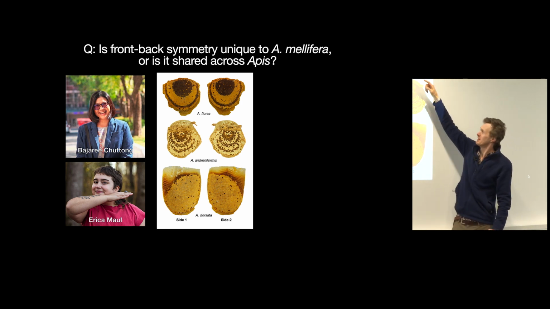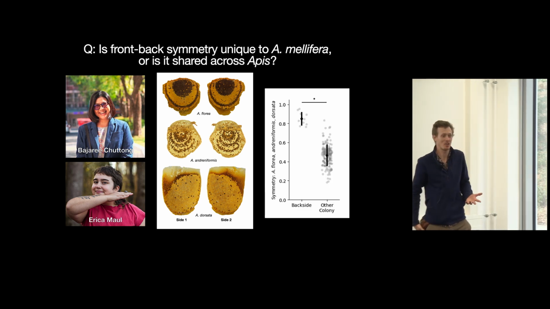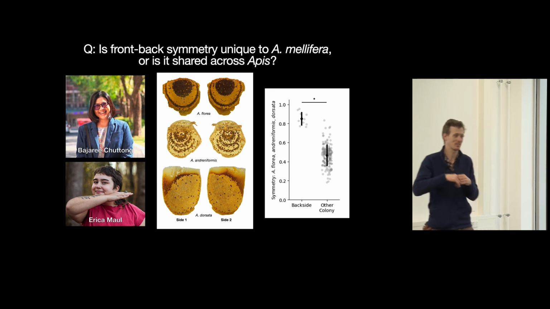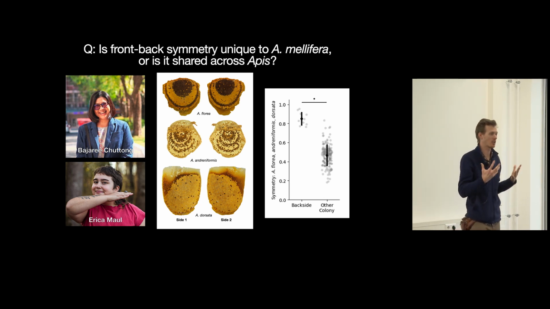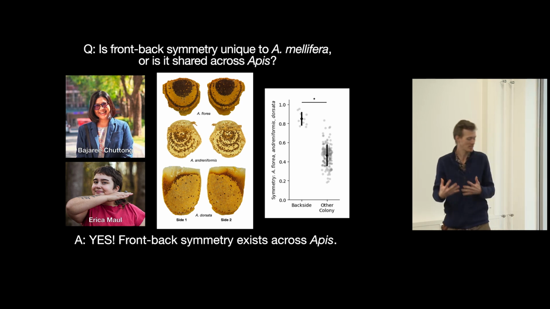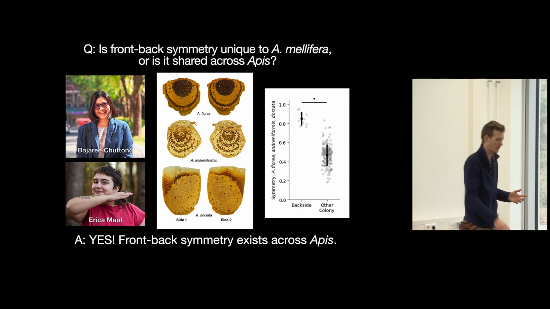You might notice symmetry between the 2 sides. And sure enough, they're very symmetrical. Each nest is symmetrical with itself. They're not symmetrical across. It's really a shared level of symmetry on either side of that comb. So yes, this front-back symmetry exists across Apis, and it's not just unique to Apis mellifera.